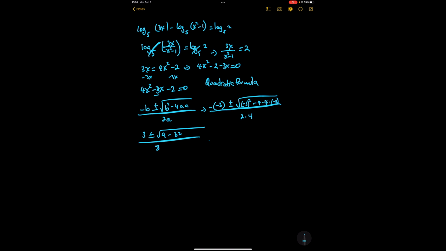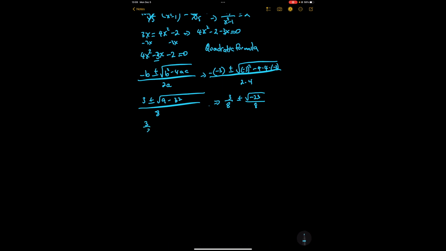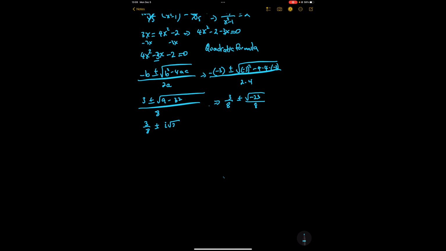over 8. So that means we're going to have an imaginary number. So that would be 3/8 plus or minus the square root of negative 23 over 8. So that would be 3/8 plus or minus i square root of 23 over 8.